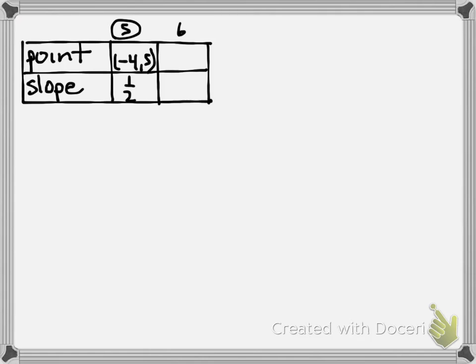A lot of 1/2 slopes, huh? Number 6, the point is 2, 5, and the slope is 4. So again, this one is going to be point slope form, because that's the information they give us.